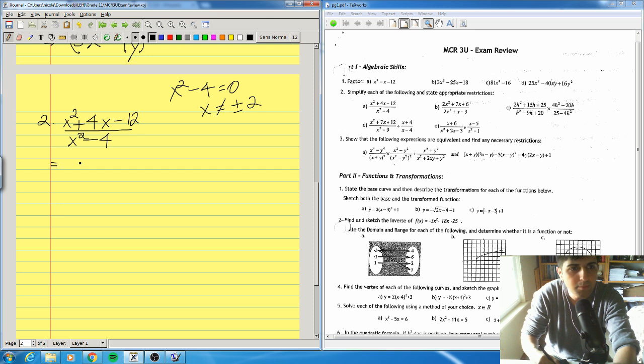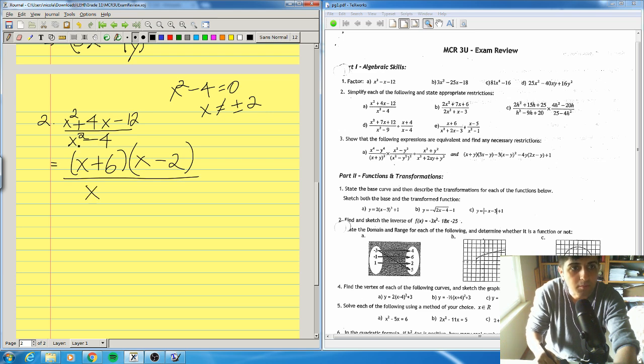For x squared plus 4x minus 12, I need two numbers that multiply to 12 and have a difference of 4. Those are positive 6 and negative 2. The bigger number has to take the positive if the middle term is positive, so you get x plus 6 and x minus 2.